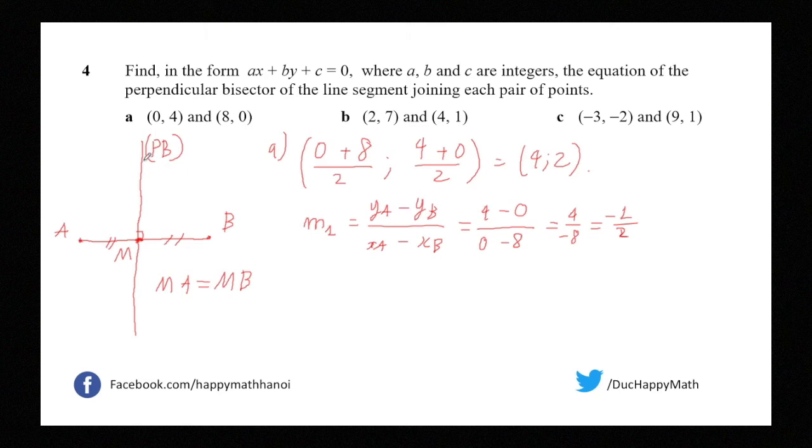The perpendicular bisector has to be perpendicular to the line AB, so M2, the gradient of the perpendicular bisector, has to be equal to minus 1 divided by M1.